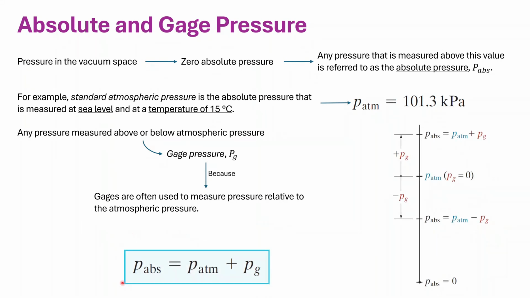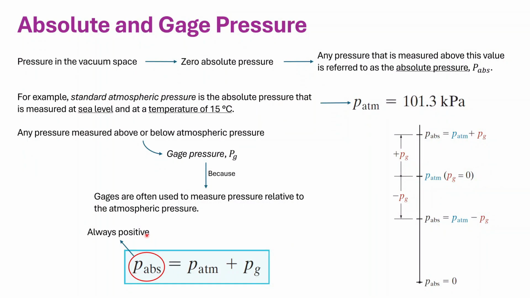So we can have this formula based on these definitions: P absolute equals P atmosphere plus P gauge. Therefore, P absolute is always positive because it's relative to perfect vacuum.